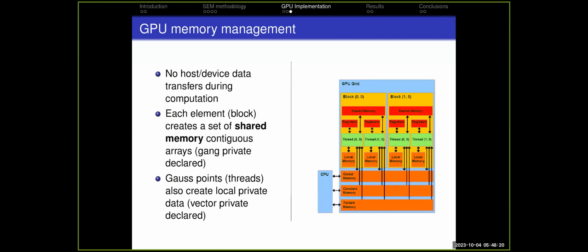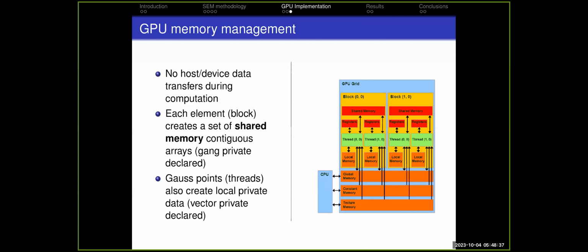Of course, just distributing the mesh into the grid for the GPU is not enough. We need to handle memory. And one nice thing that we did with SOD2D is that all the GPU memory is filled at the beginning of the code.